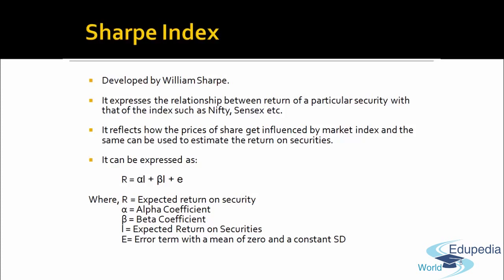And if beta is 0.5, it means that a 10% change in index value would result in a 5% change in the security value. And a beta of minus 1 means that the returns on the security are inversely related. Plus 1 represents the same direction, minus 1 that they are inversely related. So this is a simplified version of the Markowitz model, and it is also known as the single index model.